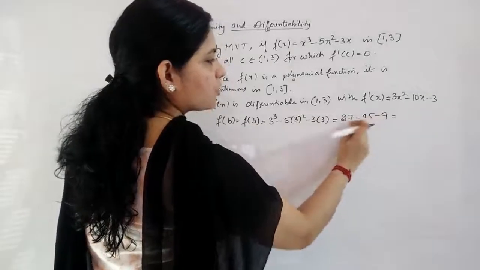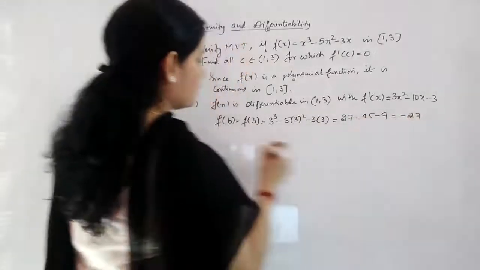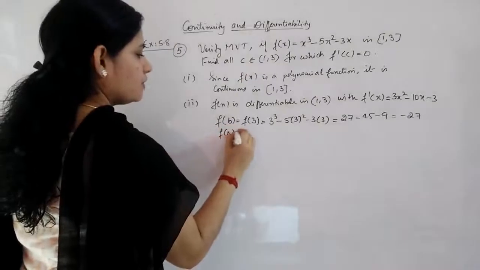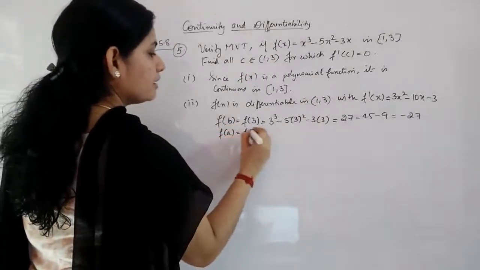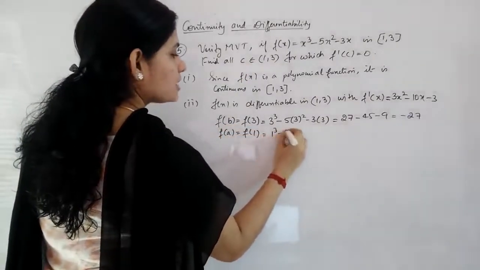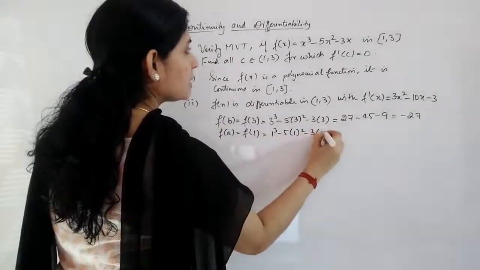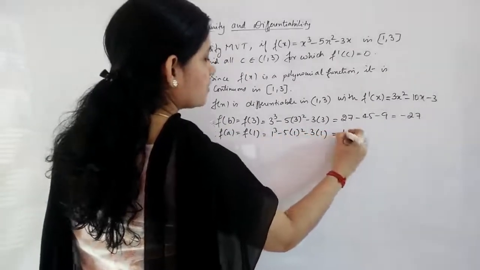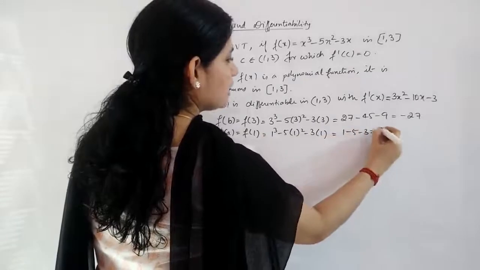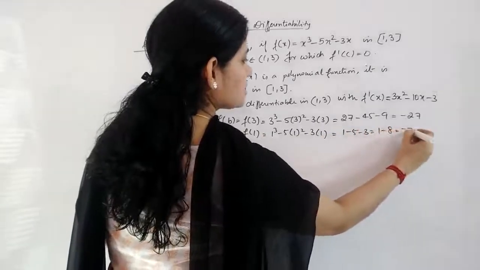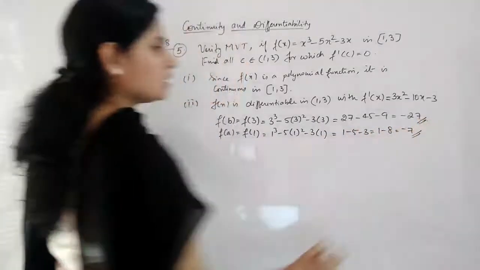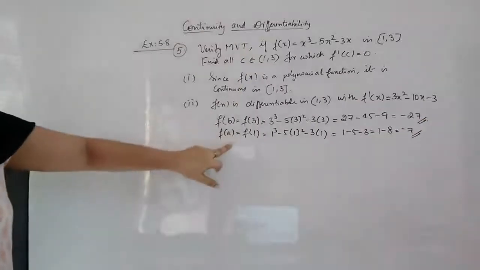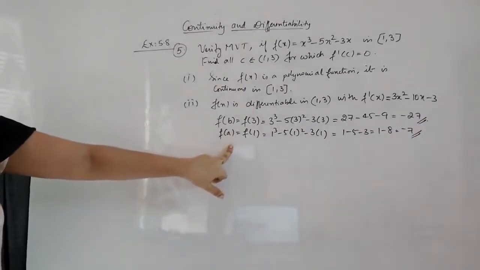This is minus 54 plus 27, so it is minus 27. Again f of a will be f of 1, which is 1 cube minus 5 into 1 square minus 3 into 1, which is 1 minus 5 minus 3, that is 1 minus 8, which is minus 7. Okay, so these are the two values which you are getting as your f of a and f of b.